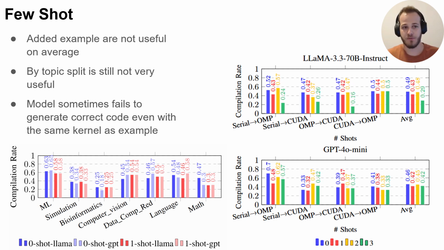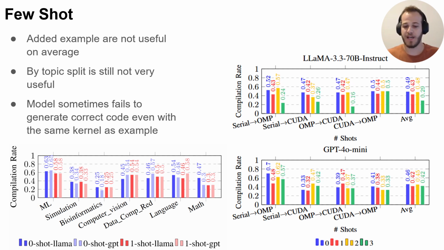Next, we look at the few shots. And here we see, actually, interestingly, there is no significant impact to adding the few shots. So across the different translation tuples, we can see here on the right, and across the different categories that Hackbench has for the different kernels, we see there's no consistent improvement when we add examples into the prompt.